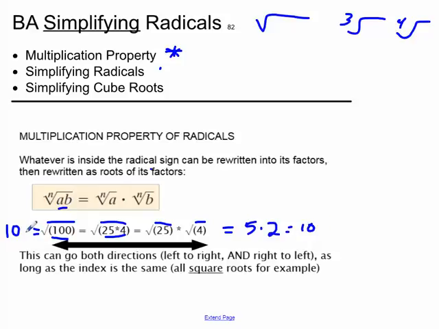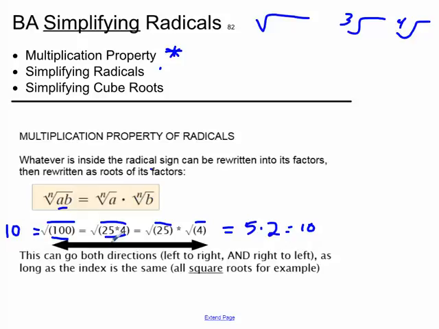So what I'm doing is first saying, what's the square root of 100? We know it's 10. Well, we're going to use this property to show you that we can separate and conquer. And if we can separate and conquer, we can make something in here that's not the square root of 100. The square root of 100 is just too easy. But this is just an example to show us that we can separate and conquer.